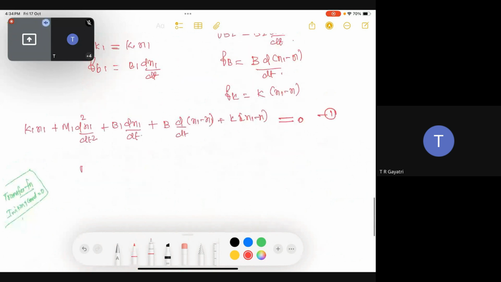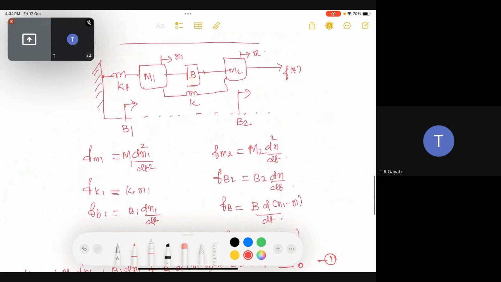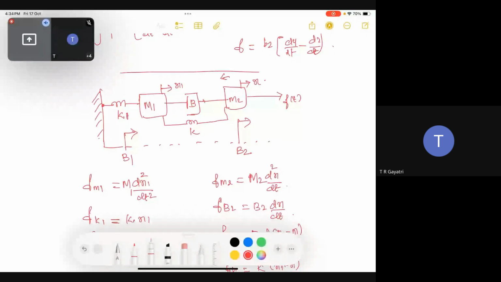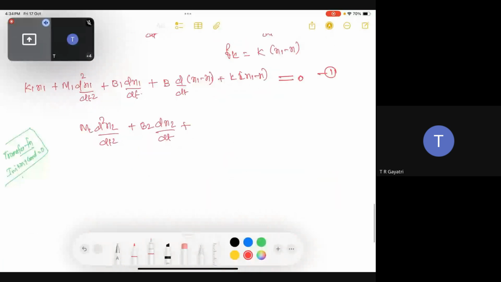The second equation would be again from the x point of view. I'm starting with m2 d square x by dt square. Here I'm starting from this point of view, m2, and there is no k here with only displacement, but b2 is there, so plus b2 into dx by dt, plus there are common terms. Now looking from this direction, it will be x minus x1, so this will become b into d(x minus x1) by dt, whereas in the previous equation this is x1 minus x.